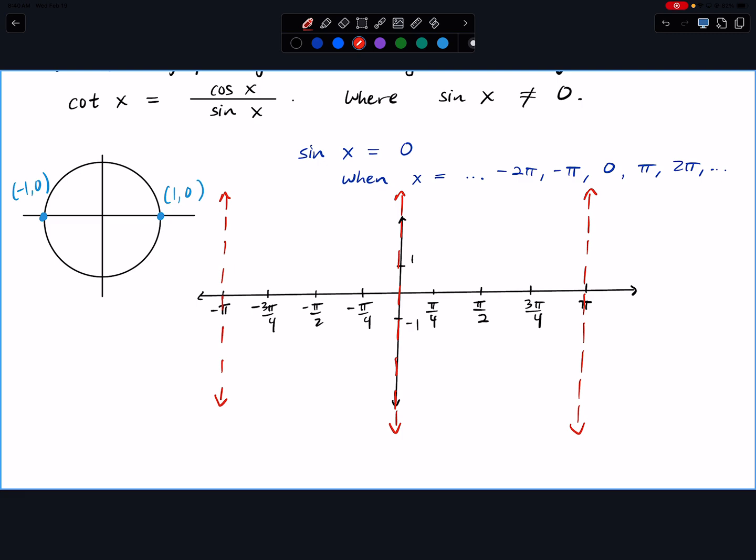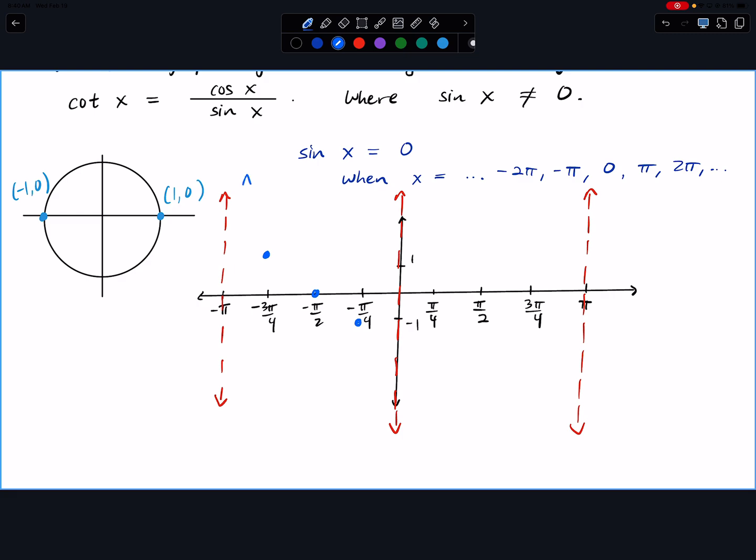Now, how are we going to graph this? Remember, tangent was like a little S-shaped graph? This is where you guys all say, yeah. Yeah. All right, cool. So tangent looks something like that, right? Since cotangent's the reciprocal, it's literally the same thing, but just upside down. So instead of it being negative 1, 0, 1, it's going to be 1, 0, negative 1.